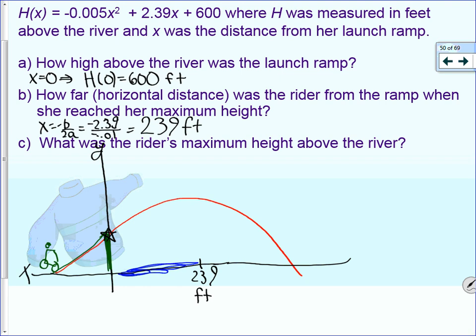So the vertex occurs 239 feet along the journey from that ramp. And then how would I find how high she is above the river there? You could substitute 239 in for x. So if you were to substitute 239 in for x, what would we get? Calculator, let's do it.